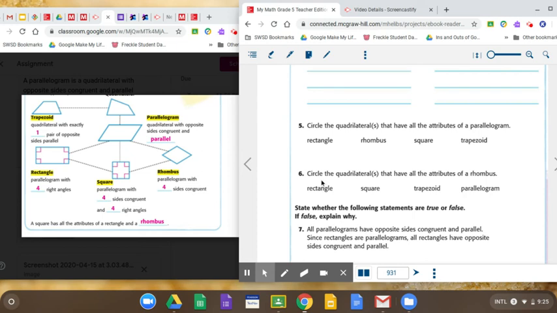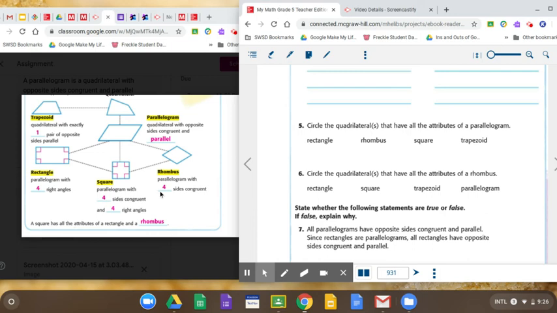Number 6 says, circle the quadrilateral that has all the attributes of a rhombus. So a rectangle has to have four right angles, so it does not have the same attributes as a rhombus. A square has, if you look at rhombuses, parallelograms with four congruent sides. So does a square have four congruent sides?